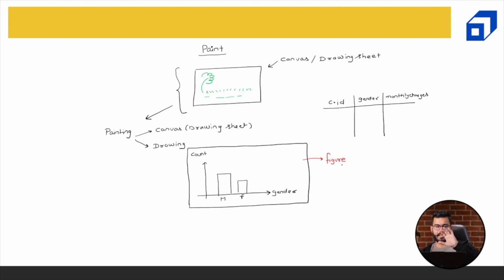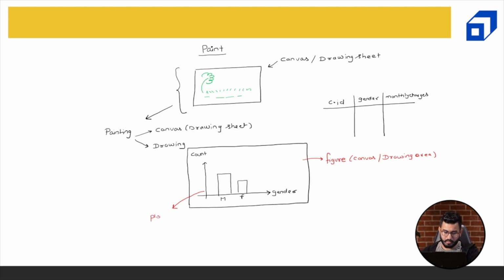Again, if I connect this concept to the painting concept, this is nothing but my canvas or the drawing area, right? Now this plot is basically my drawing or the scenery which I want to create.